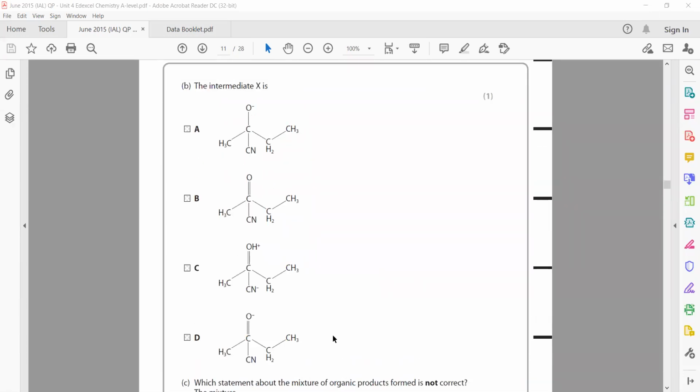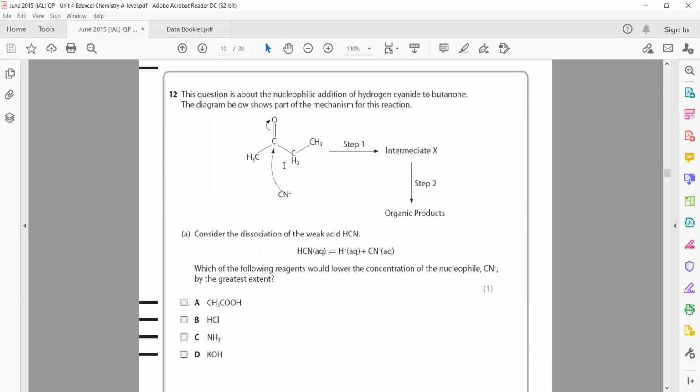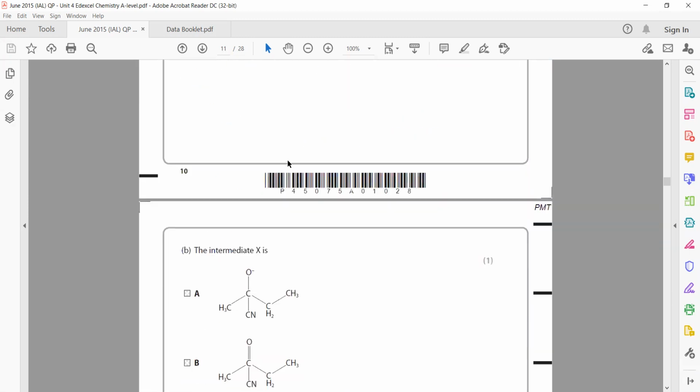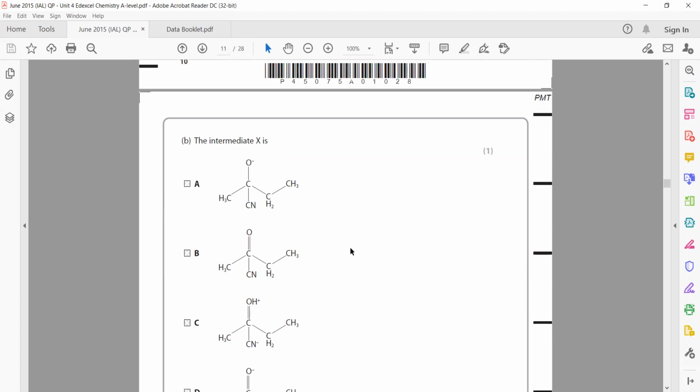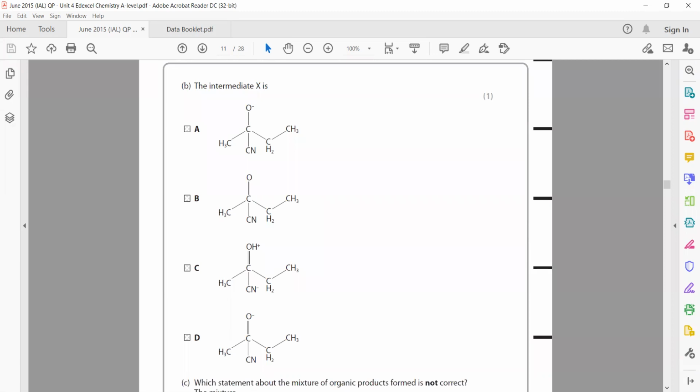Then the intermediate which is formed during this reaction. So when CN forms a bond, O will take the electrons, giving the intermediate X for this reaction.